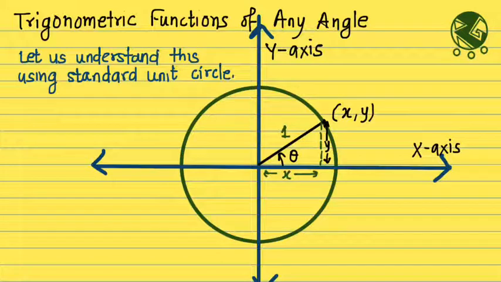Now, if I take the coordinates of this point P as x and y, then what we know is this x coordinate is nothing but the distance from the y-axis. So the distance of this point from the y-axis is the x coordinate, and the distance from the x-axis is the y coordinate, so here we have y.